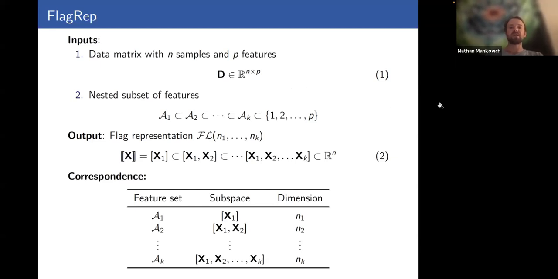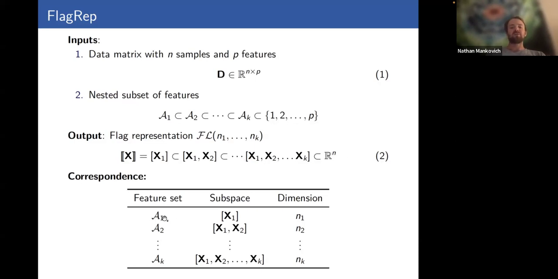But the idea is you take a data matrix with n samples and p features, and you have some sort of nested hierarchy for the features. So you have this first set of features inside the second set, inside the third set, all the way up to the k. And then what you want to do is encode this hierarchy in the subspaces of the flag representation, where you have a flag that has a nested feature hierarchy.